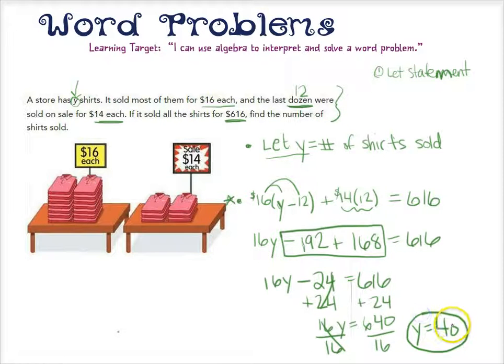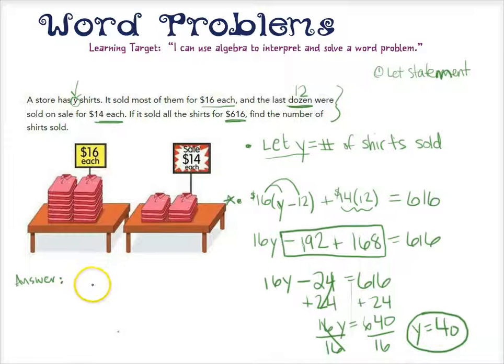This is not the end of a word problem. You can't leave it like this. You've done most of the work, but you need to interpret what this means. So in a sentence, we're going to say our answer. I always tell the kids, if you have a word problem, you should have a word answer.